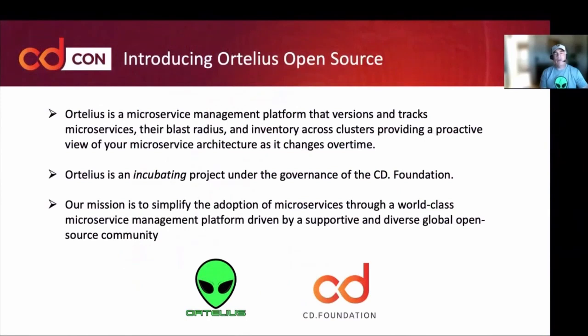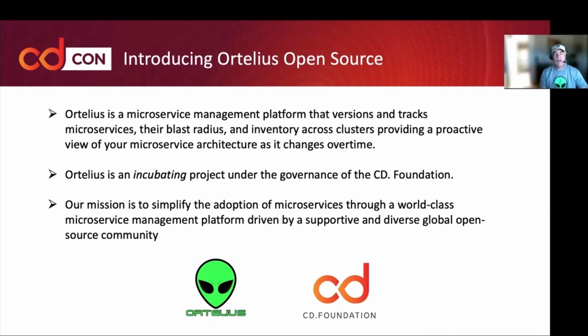Ortelius is a microservice management platform that versions and tracks microservices, figures out what the blast radius is, provides an inventory across all the clusters, and is proactive in seeing how your microservice architecture is changing over time. Ortelius, like I said, is part of the CD Foundation, and it's an incubating project in that governance.